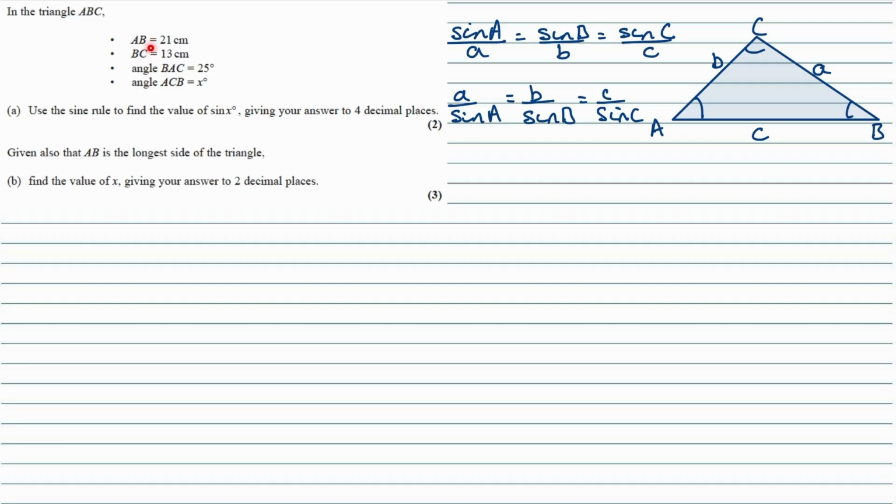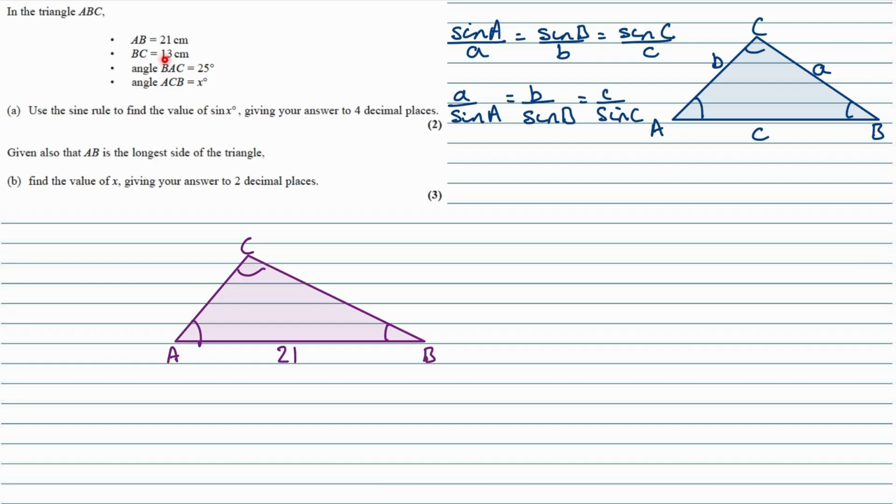So for this question, we need to draw a diagram. So if we just draw a general non-right angled triangle, we're told in part B that AB is the longest side of the triangle, so I'll label this as A to B, which means this one must be C. We're told that A to B is 21 centimeters, so we'll label that on the diagram.